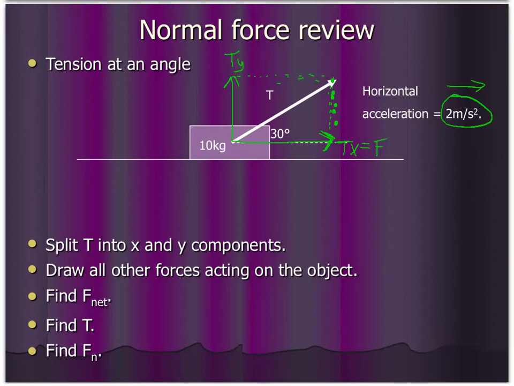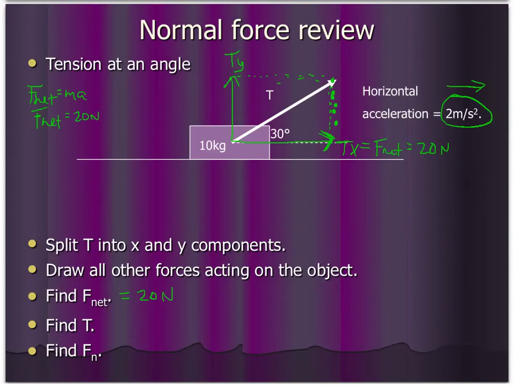So I know that Tx is equal to F net. And I can solve for F net by taking the mass times the acceleration. So in this case, 10 kilograms times 2 meters per second squared is going to give me an F net of 20 newtons. And so there's the first part of our problem.